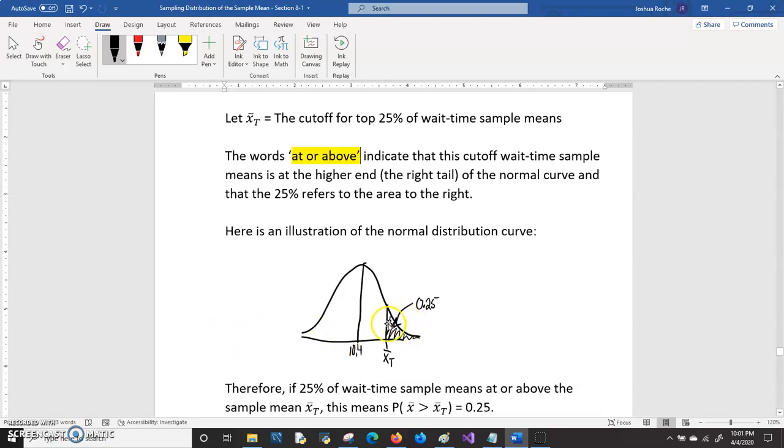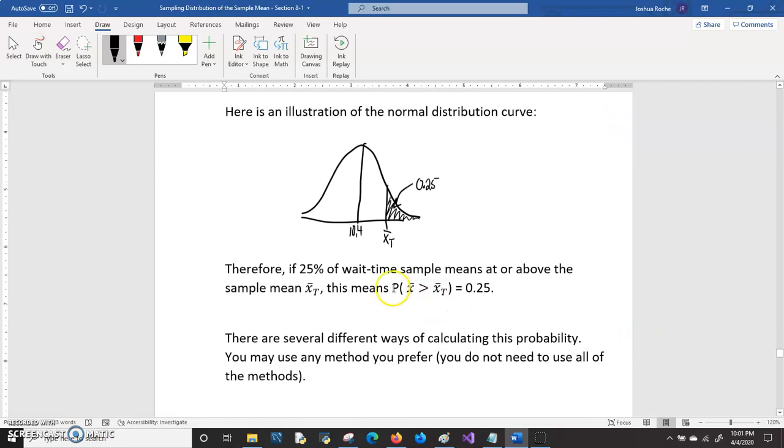So 25% of sample means would be above it, and 75% would be below it. Remember, the area is the same as probability. So this is the probability that a sample mean is greater than x bar t, and that probability is 0.25.